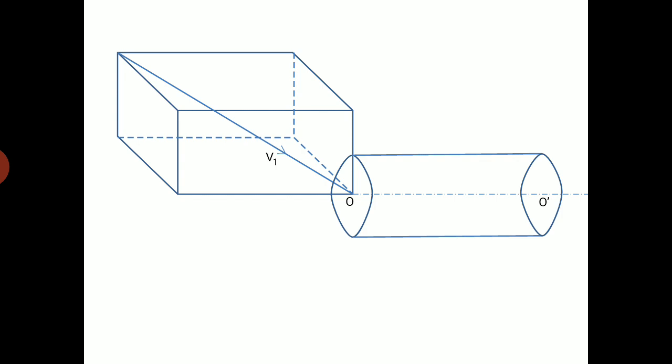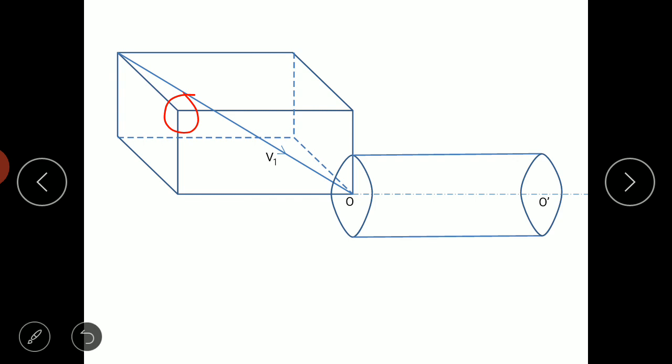Now, as it is in space, V1 is split into three mutually perpendicular directions. You can see we have three mutually perpendicular directions. This is the center, which you can consider as O. This line will be the x-axis, this can be taken as y, and this as z.